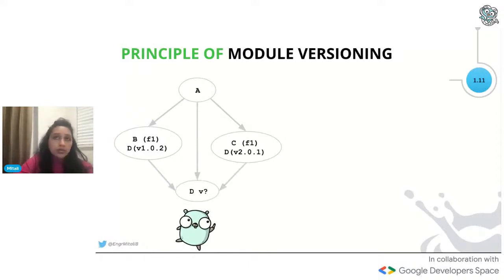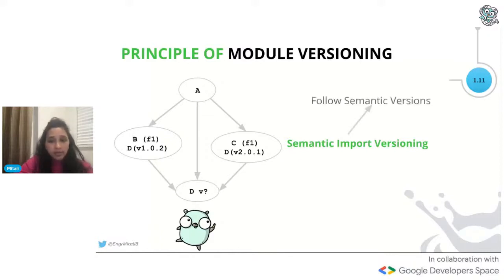In order to solve this problem, Go has defined a principle called semantic import versioning, which says two things: all modules should define a semantic version, that means x.y.z, and whenever you bump your major version, you should include it in your module path.